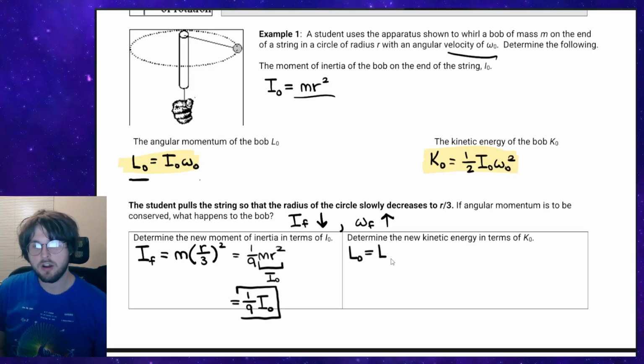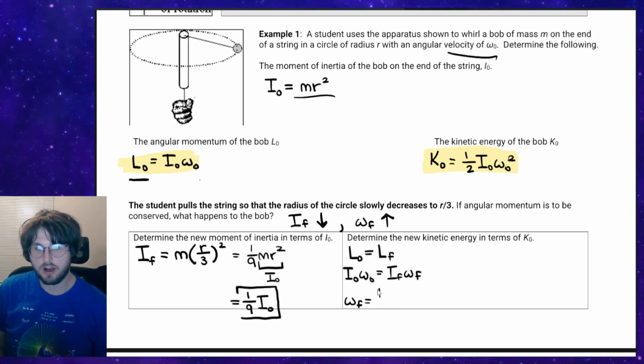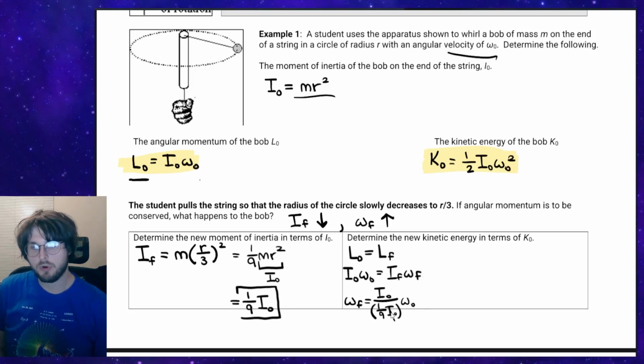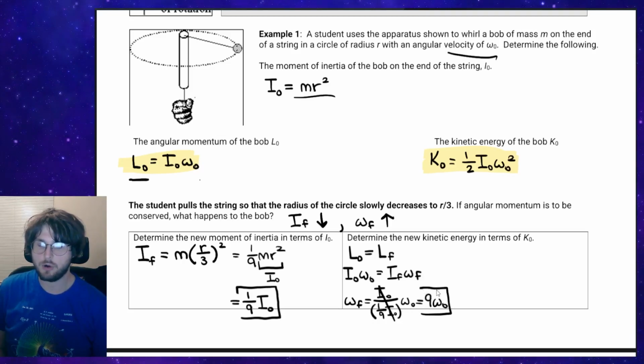We say that our original angular momentum has to be equal to the final, then I naught times omega naught must equal I_F times omega F. And well, if we just go ahead and rearrange this so that omega F equals I naught divided by, well, let's go ahead and substitute 1/9 I naught times omega naught. Well, these I naughts cancel each other out, and we find that the final angular velocity is going to be 9 times the original. So 9 omega naught, like that.